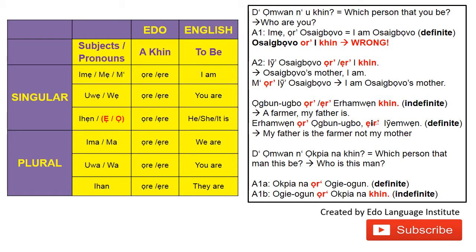So when you say here ogbongbo oera mehin, you say my father is a farmer, or a farmer my father is. I just translated it one-to-one here. A farmer my father is. But then when you say erame ogbongbo, the sentence can end like that.